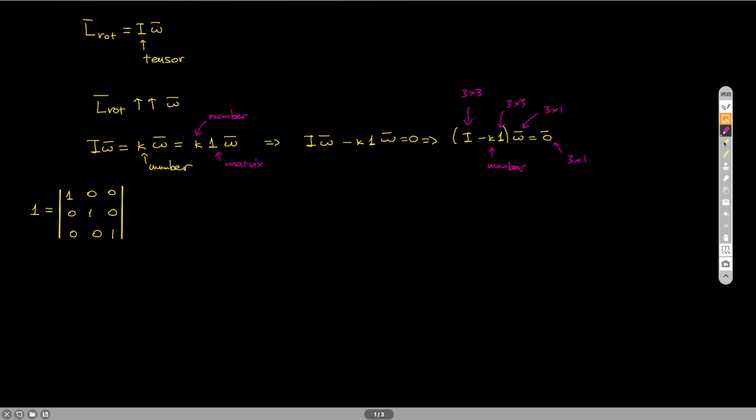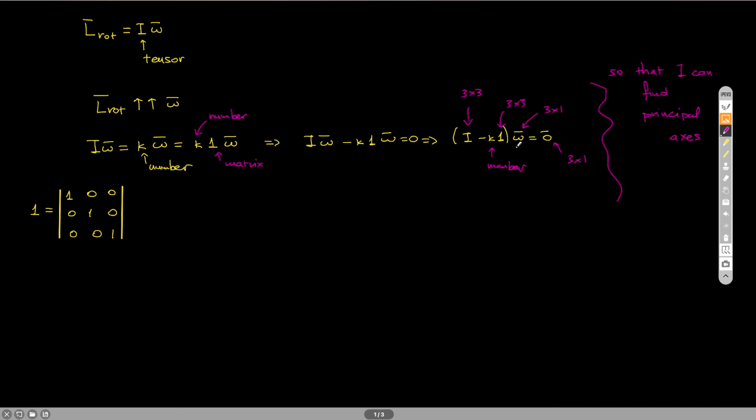All of this work is so that I can find the principal axis. And why do I want to find it? Because if I know those 3 principal axes, and the angular velocity points in one of those directions, then the rotational angular momentum and the angular velocity will be pointing in the same direction.